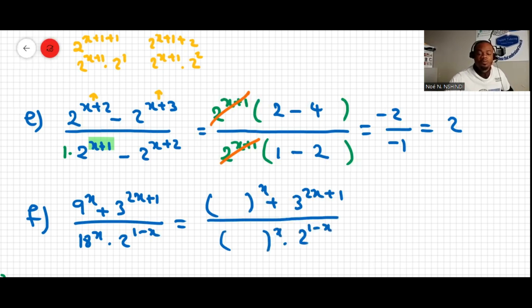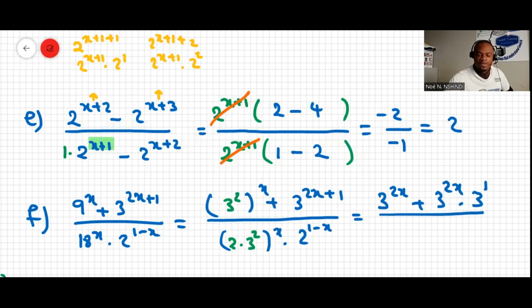Now 9 in terms of its prime factor is 3 squared, and 18 in terms of its prime factors is 2 times 3 squared. So this will be equal to 3 to the 2x plus 3 to the 2x times 3 to the 1, all over 2 to the x multiplied by 3 to the 2x multiplied by 2 to the 1 minus x.